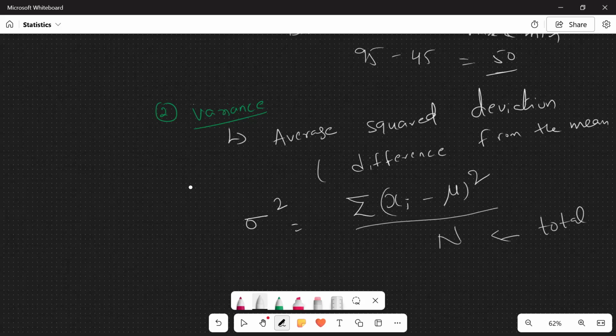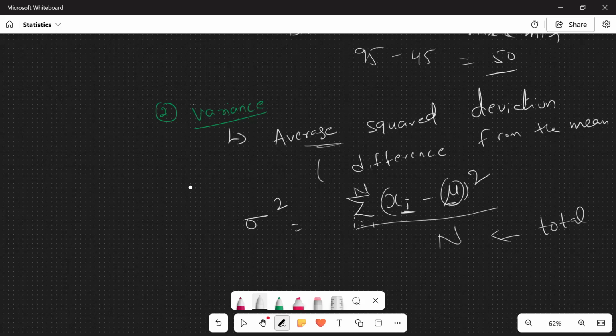So if we have values from 1 to n, xi minus mu, where mu is the population mean. So this is your data point and this is your mean. The average squared difference from the mean is exactly the variance.